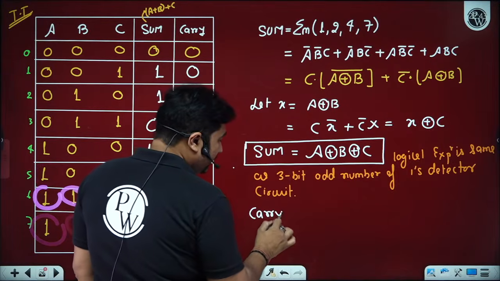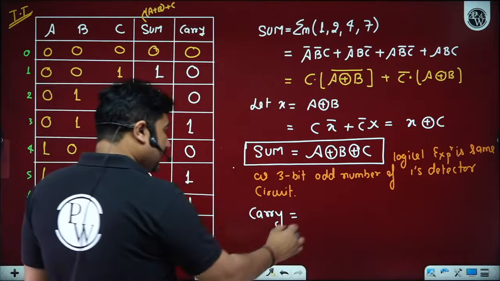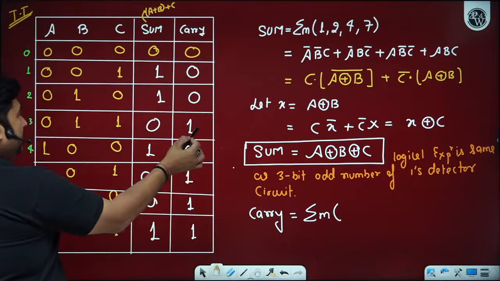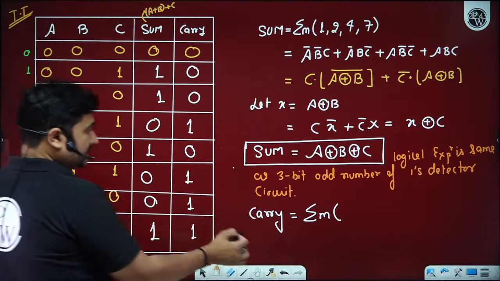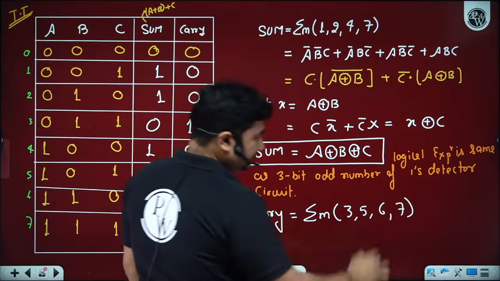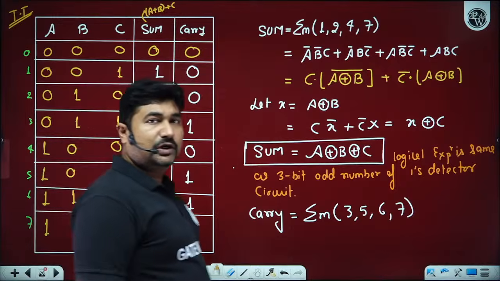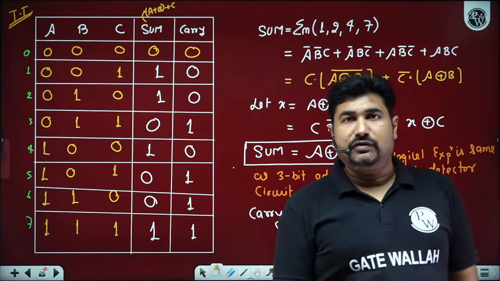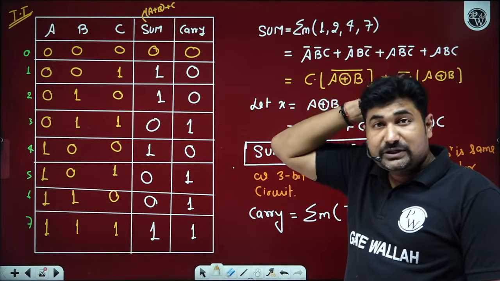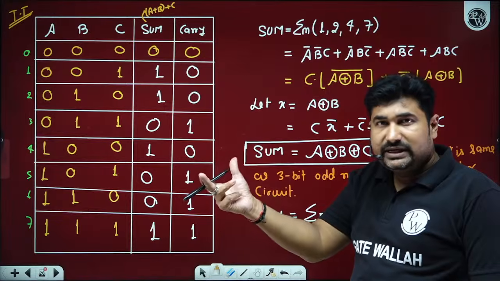Carry is very important. The logical expression for carry: we are getting carry high on the binary conditions of 3, 5, 6 and 7. Can you observe, if we want to design the logical expression for a 3-bit majority bit detector circuit, whenever the majority bit is 0, we will get 0.